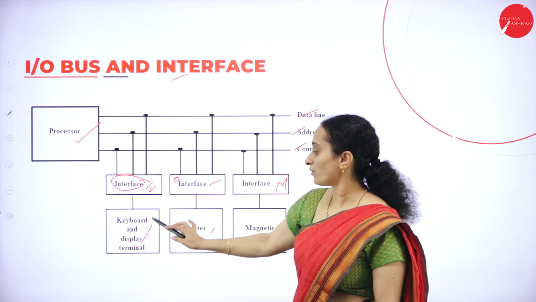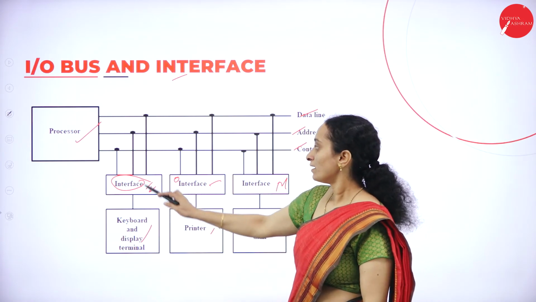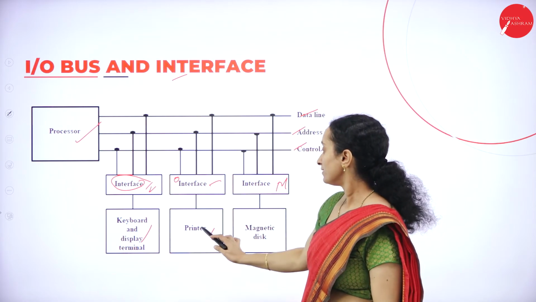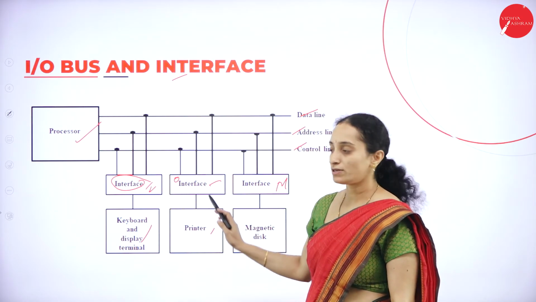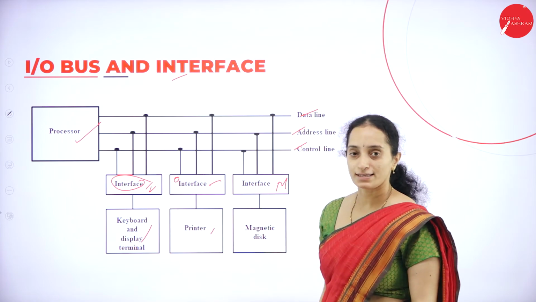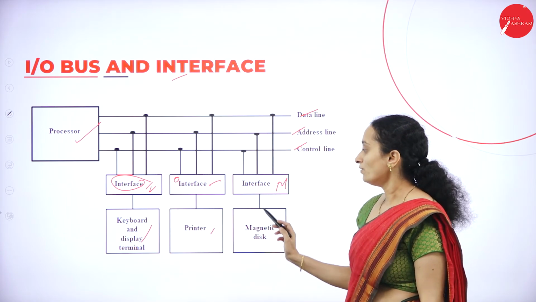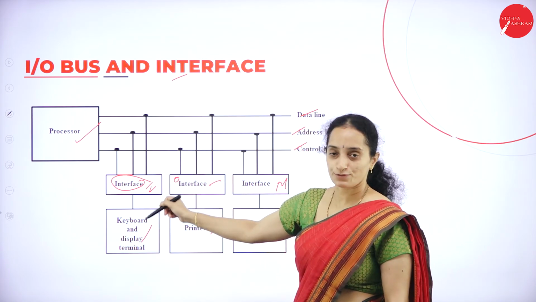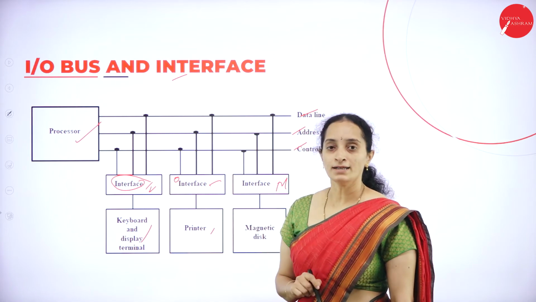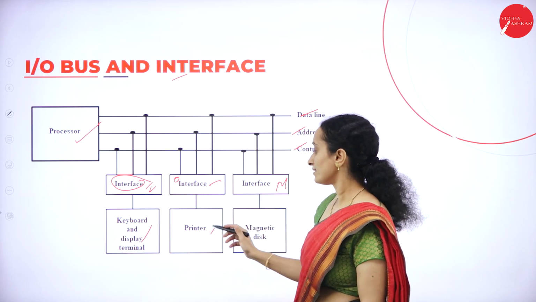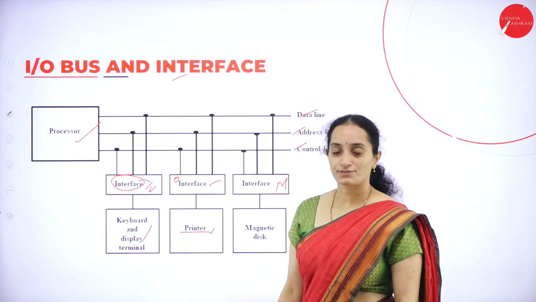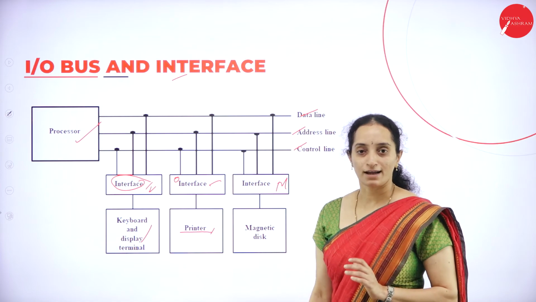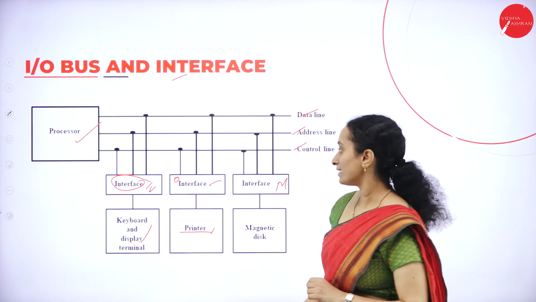Now we have the keyboard and display terminal. The address line communicates with the printer, the output device, the input device, as well as the memory device to fetch the address. So it has to fetch the address of the keyboard or other input devices. Then we have another interface for getting the address of the printer so that data will be communicated to the printer, isn't it?